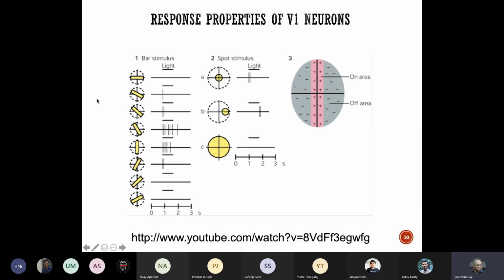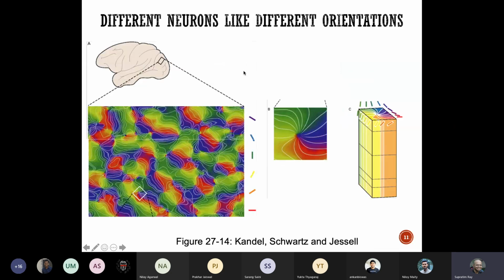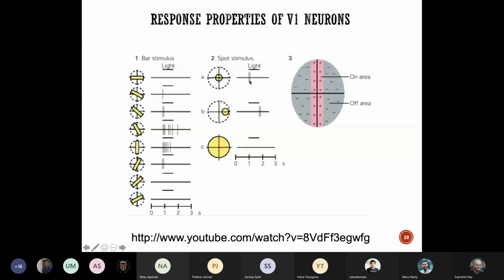So the different neurons that we record from prefer different orientations. Okay, this is in primary visual cortex. Likewise, if you present a spot of light at the center of the receptive field, you see an on response, which means that the neuron fires action potentials when you present the stimulus.